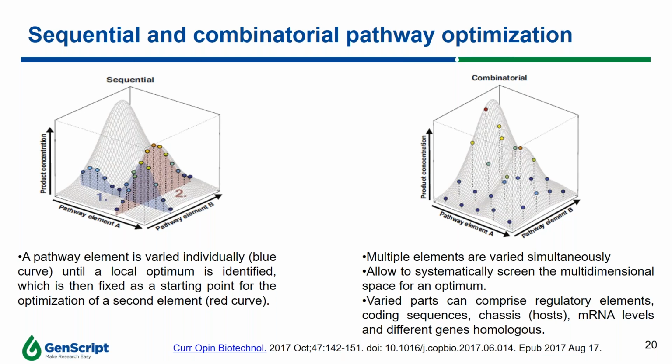The combinatorial pathway optimization, on the other hand, as shown in the right panel, allows us to change multiple elements simultaneously and also enables us to systematically screen the multidimensional space for an optimum.